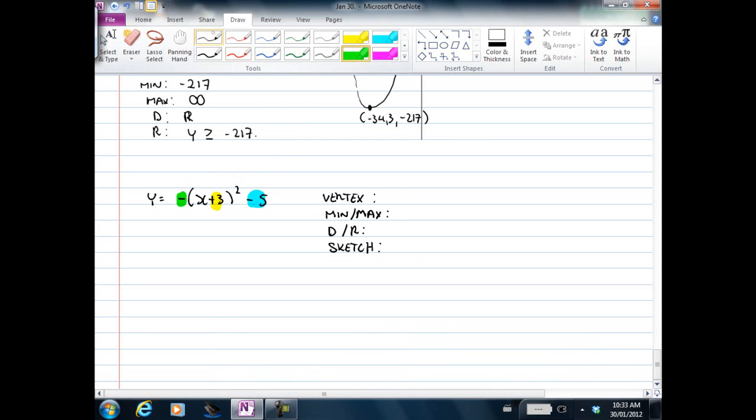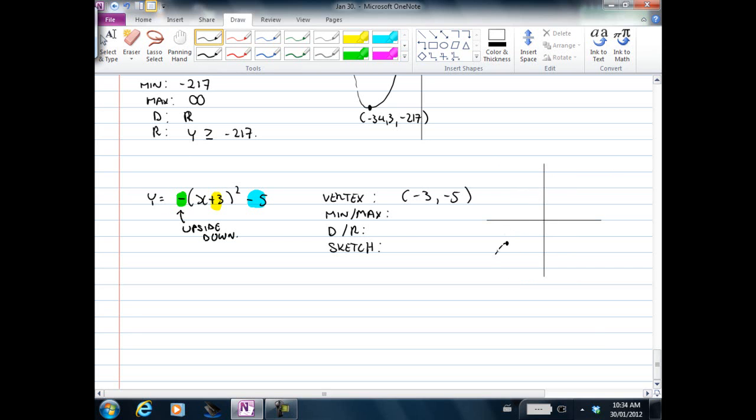My vertex should be -3, -5. Okay? I'm going to do a rough sketch for you. Now, in my sketch, there's a negative sign. This turns the graph upside down. There's a story behind every number. So it goes upside down, -3, -5.